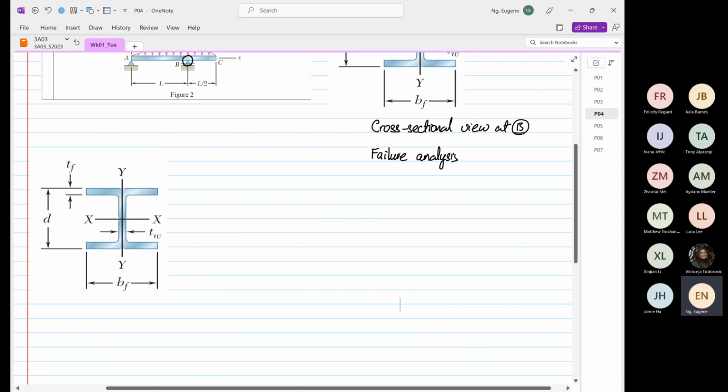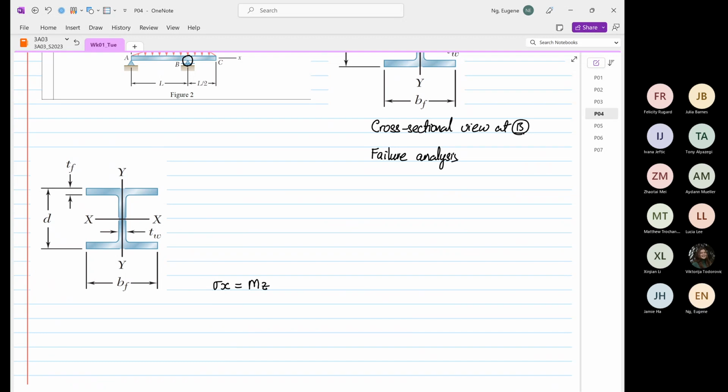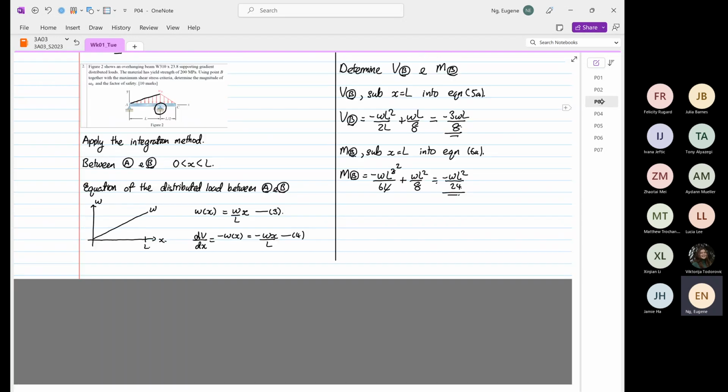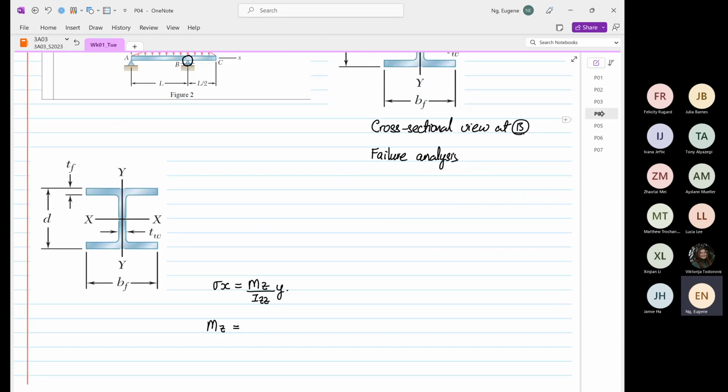So the first formula we're going to apply is stress in the x direction equal to Mz over Izz multiplied by y. And we have found that our Mz is equal to minus omega L squared over 24.